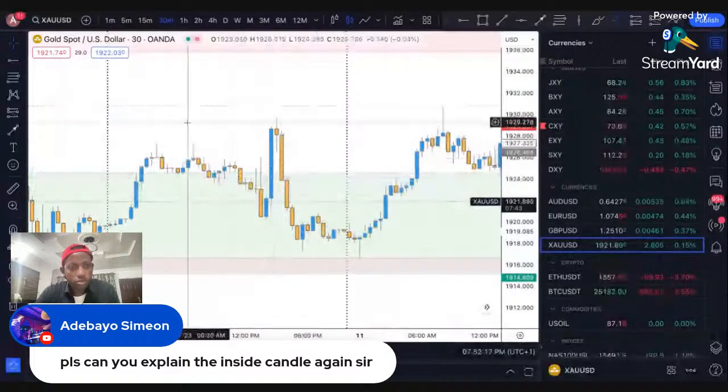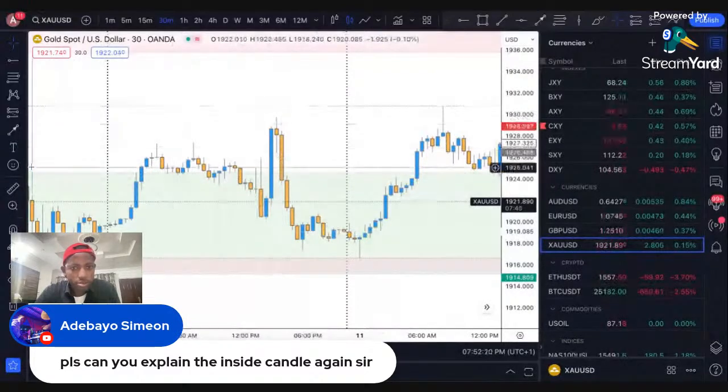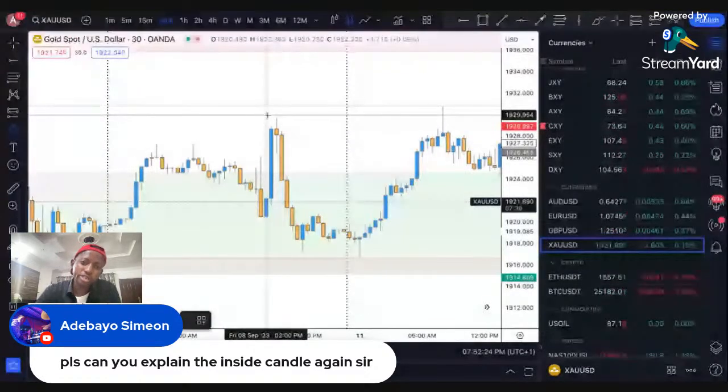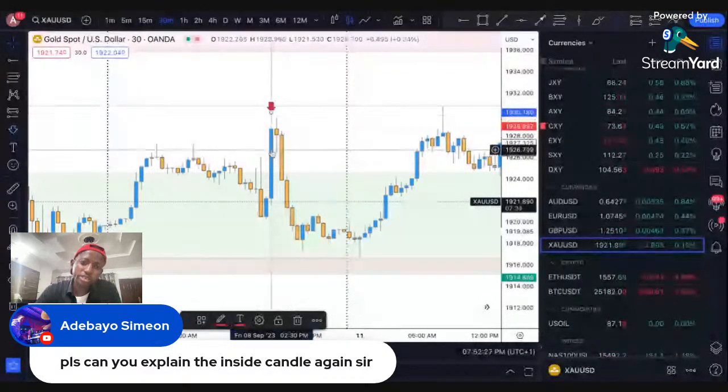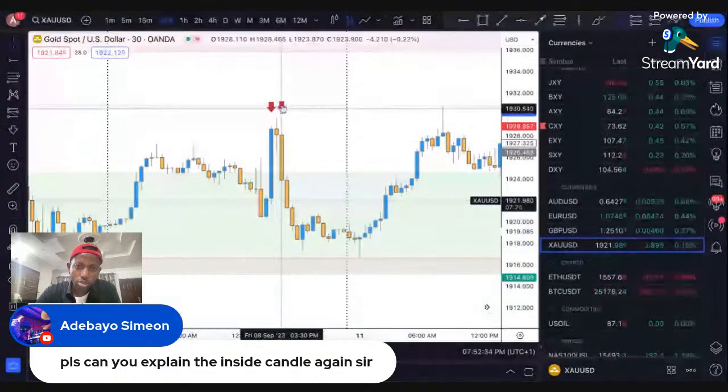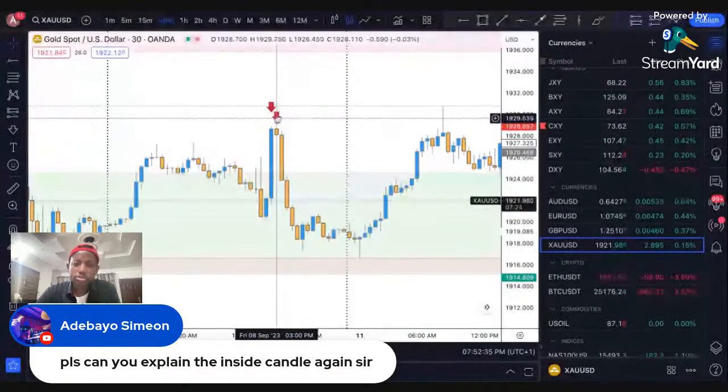Look at this big bodied bullish candle followed by this small sell candle.